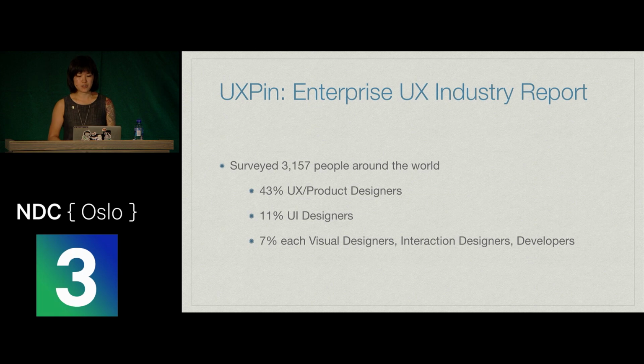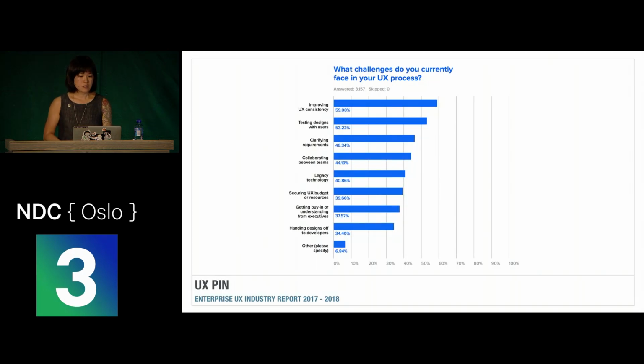So they ran this survey, and they asked the question, what challenges do you currently face in your UX process? And I took a look at these and I realized a lot of these challenges actually relate to empathy. The first few: improving UX consistency, testing designs with users, clarifying requirements.